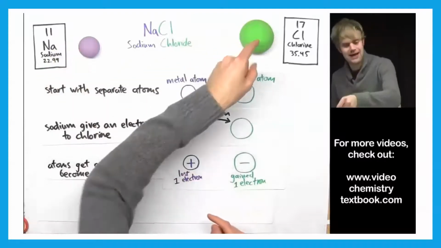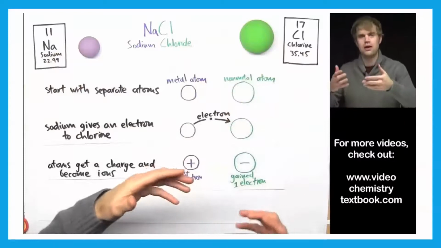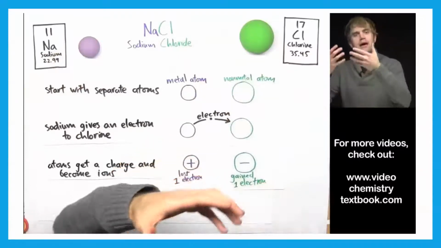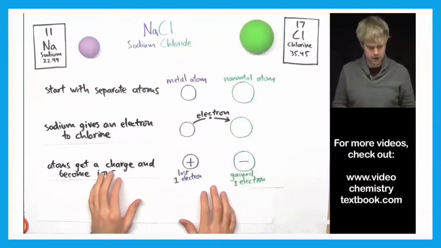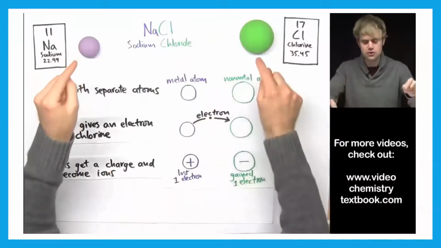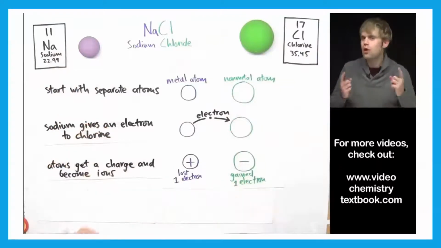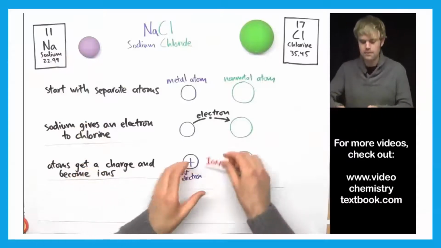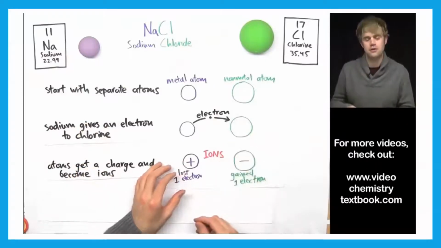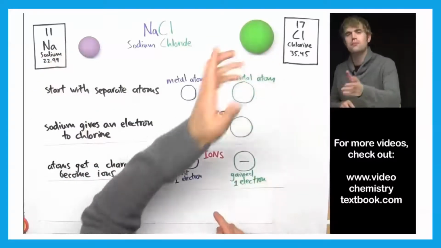But chlorine gained one of the electrons from sodium, so it's going to become negative. It's going to get a negative charge because of that extra electron. So now these two atoms take on electrical charges. And what do we call atoms that have charges? We call them ions. This one's a positive ion, sodium becomes positive, chlorine becomes negative.